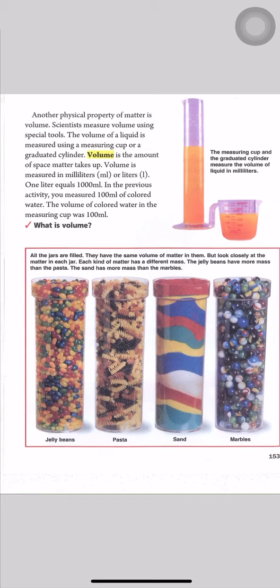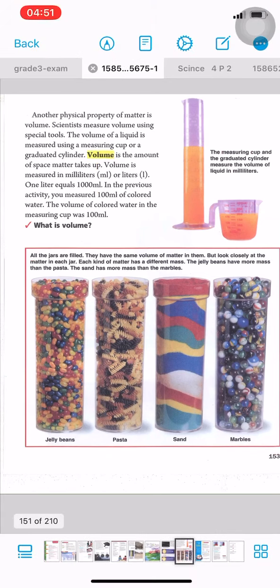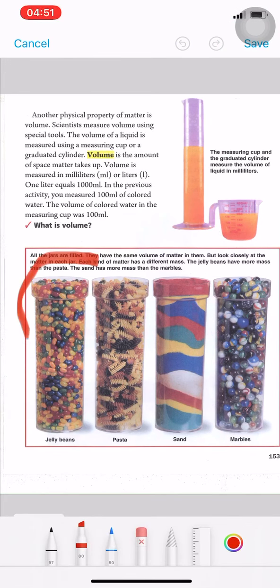But they have different mass. As you can see here, the jelly beans have more mass than the pasta.